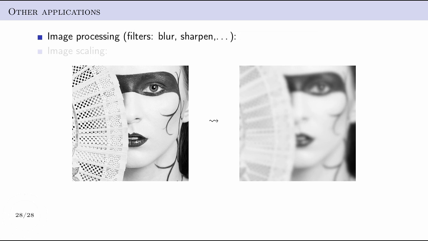For example, one of the basic filters in any image processing program is Gaussian blur, which you see here on this screen. It just convolves an image with a Gaussian kernel, the standard normal distribution.